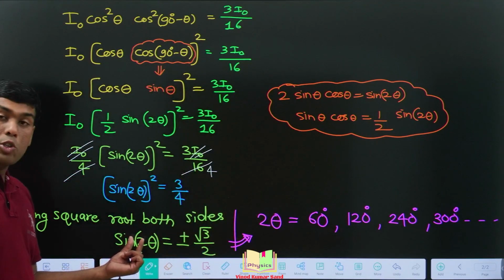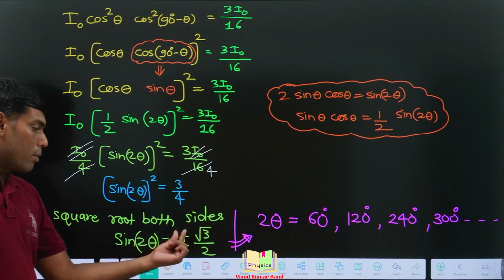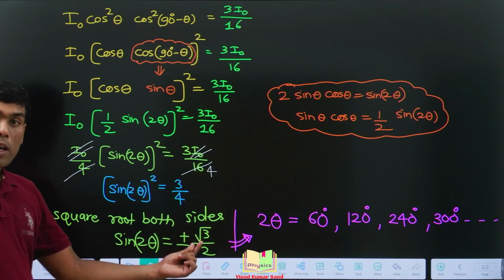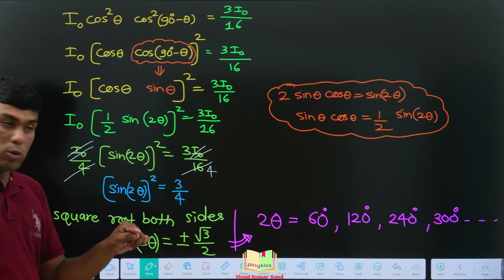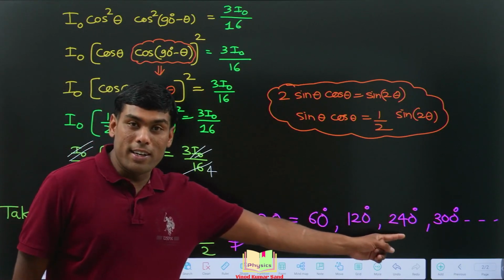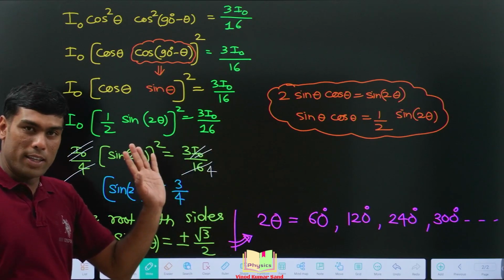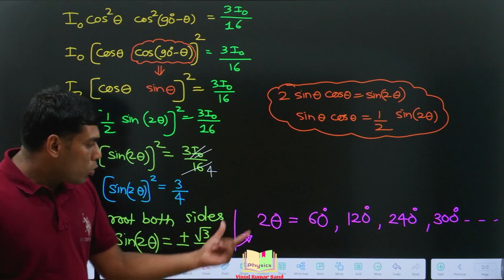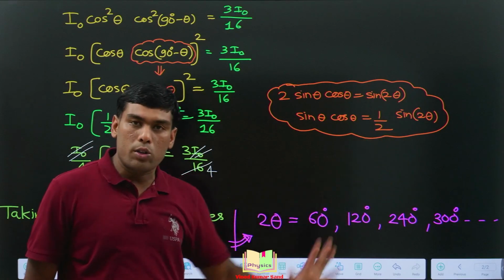If 2 theta is 60 degree, then sin 60 degree will return positive root 3 by 2, and sin 120 degree will again return the positive root 3 by 2 value. Sin 240 degree will return minus root 3 by 2, and so on. You get the idea. So 2 theta is 60 degree or 120 degree or 240 degree or 300 degree.